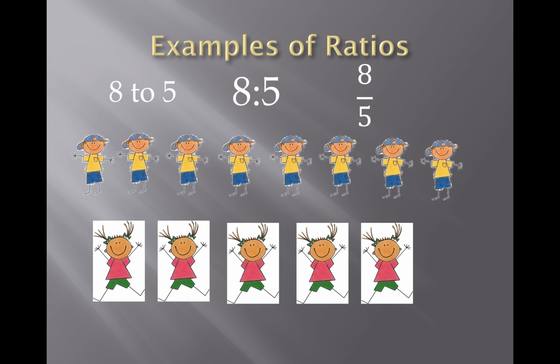Again, these are the 3 different ratios we have. We have to compare boys to girls, how many boys they have to how many girls they have. So let that sink in for a little bit.